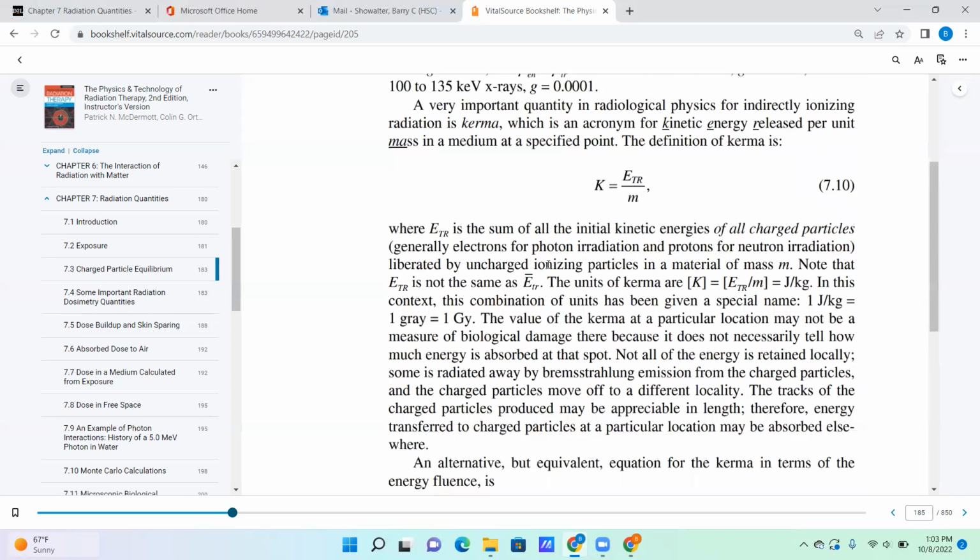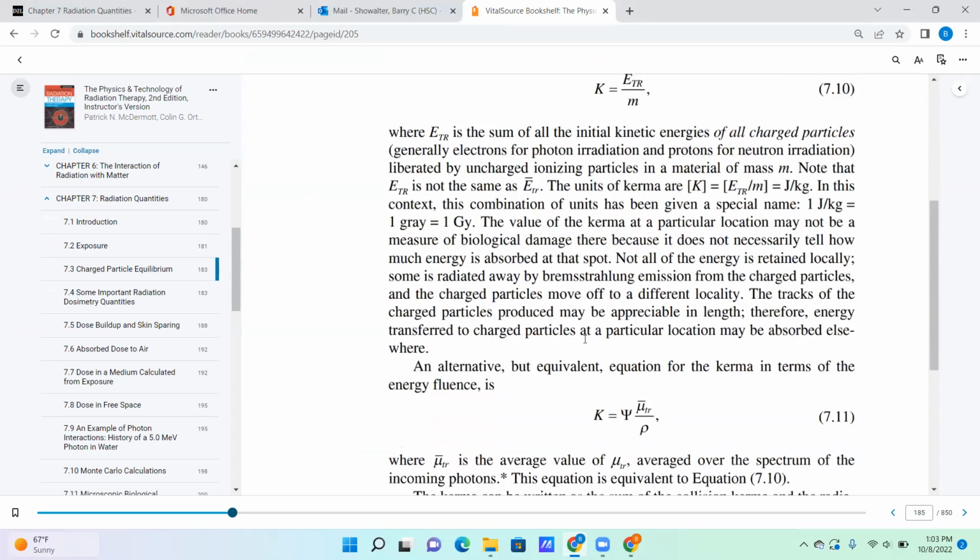And this is liberated by uncharged ionizing particles in a material of mass m. This is not the same as this. The units of kerma are joules per kilogram. This combination of units has been given a particular name. You may remember it from the summary.